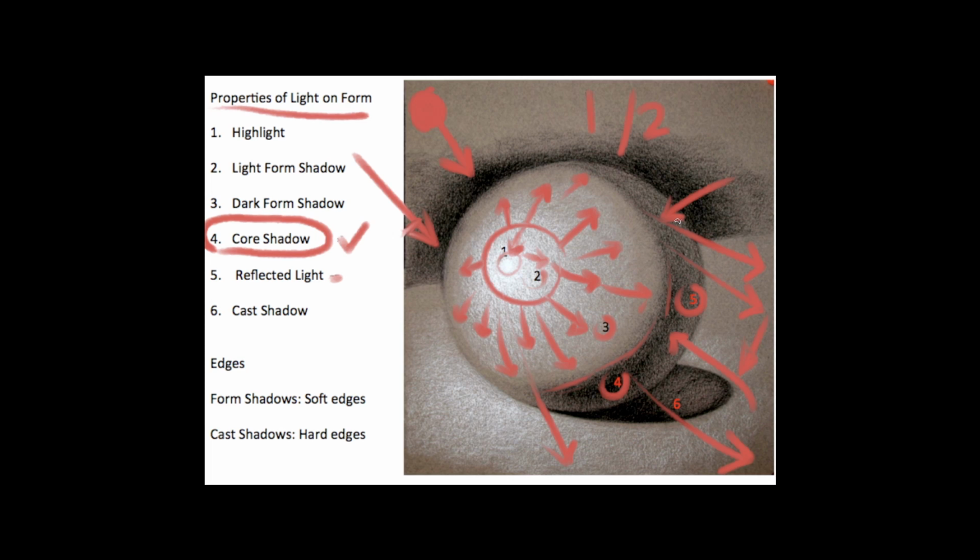Number 5, reflected light, is illuminating the backside of the object, in this case the sphere. So all of that after the coarse shadow. Notice it's quite a bit lighter than the coarse shadow. That's important. However, notice that the reflected light is never, as a general rule, lighter than anything in the other side of the coarse shadow on the lighter side of the object.